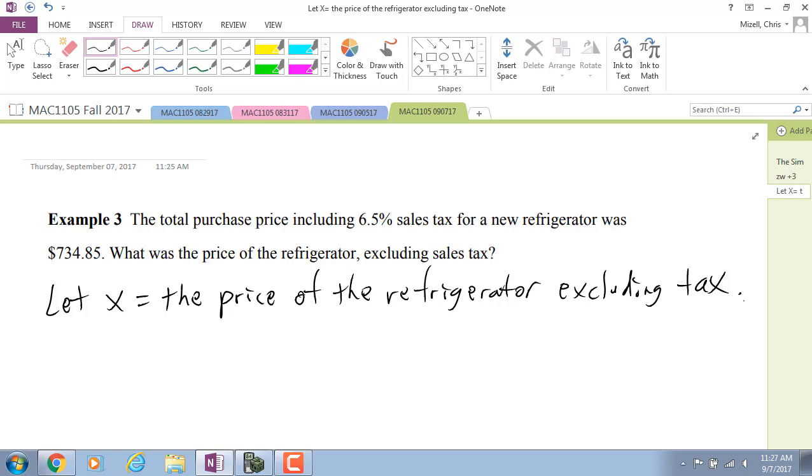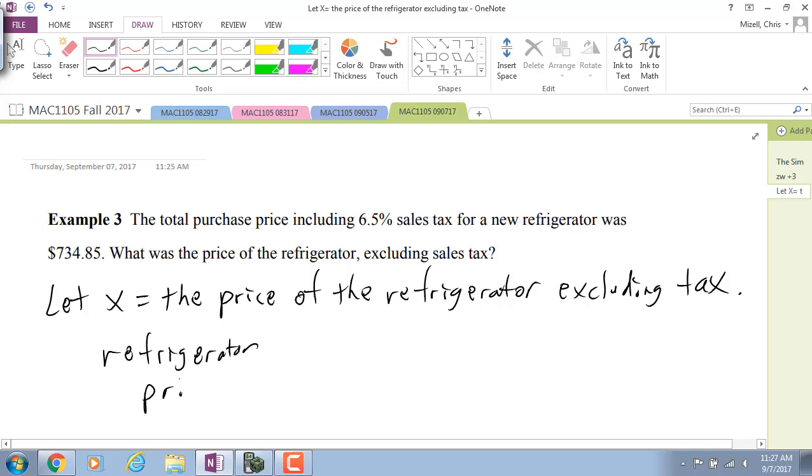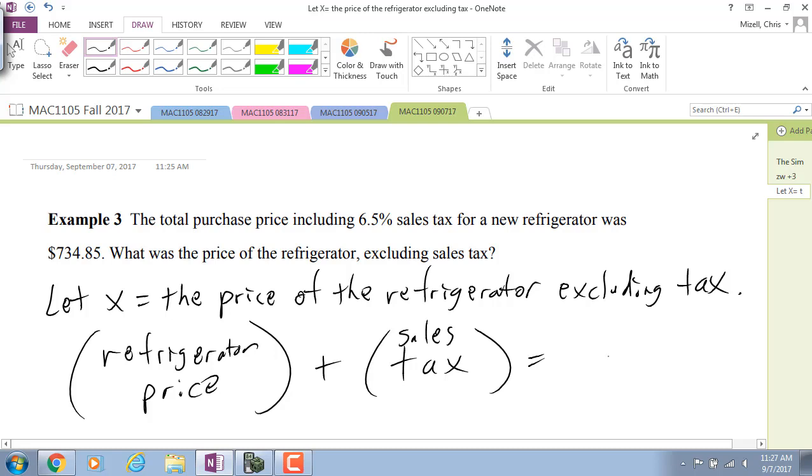So let's see if we can do this. So the refrigerator price plus the sales tax equals $734.85.